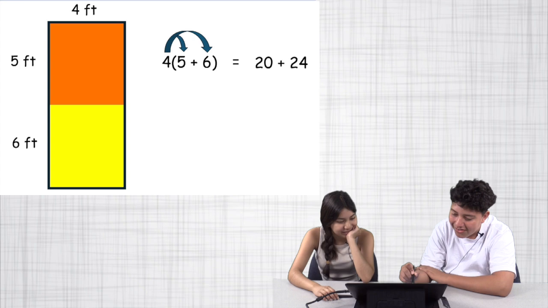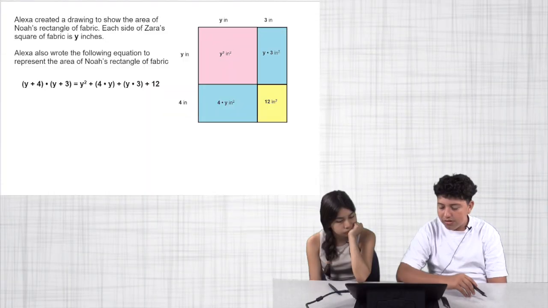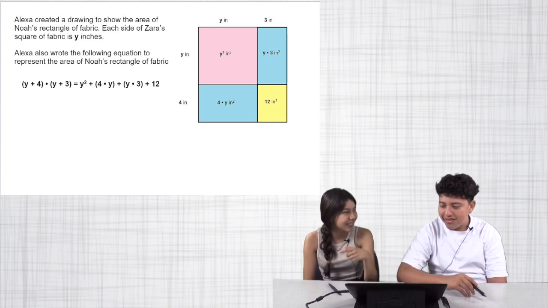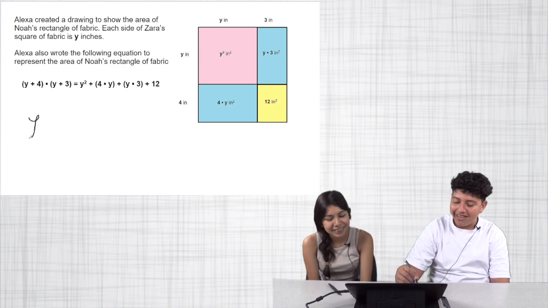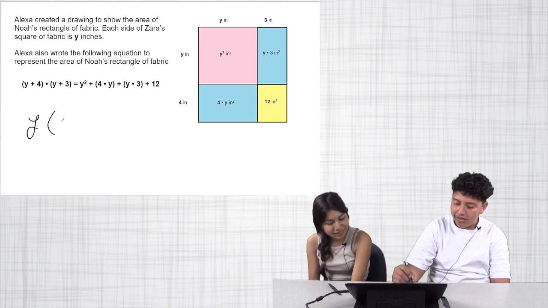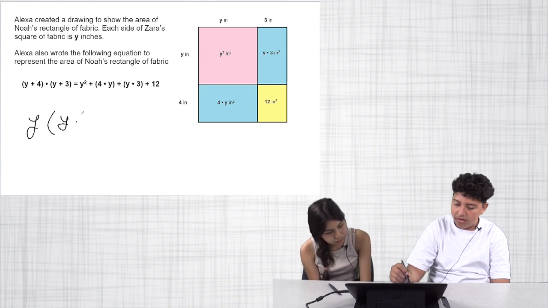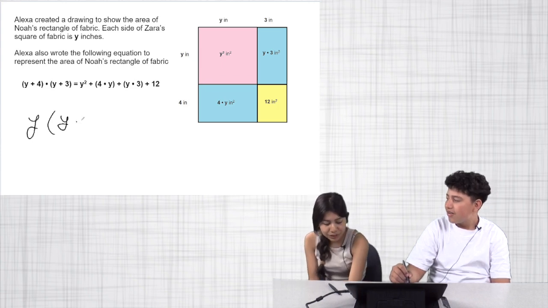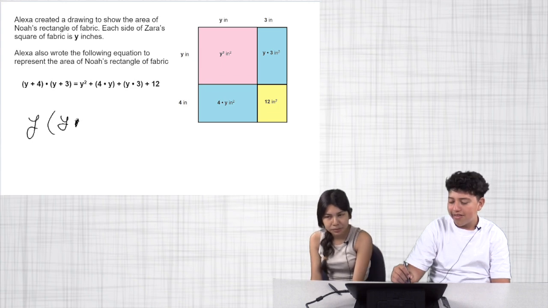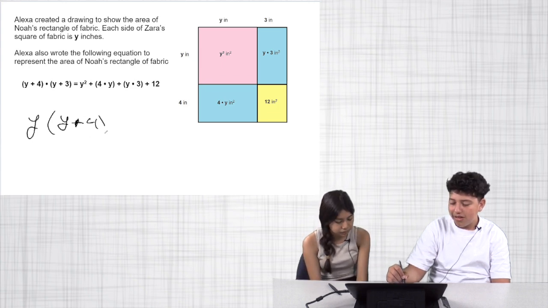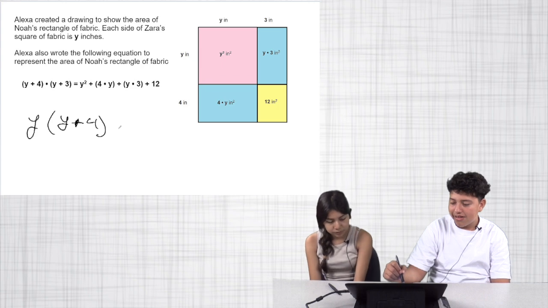Next, they will think about how the distributive property applies to their situation. Y times y plus 4. Yeah, like that. It's adding.